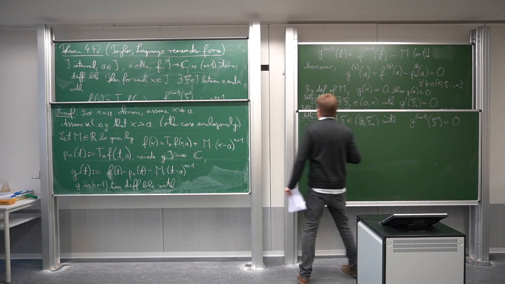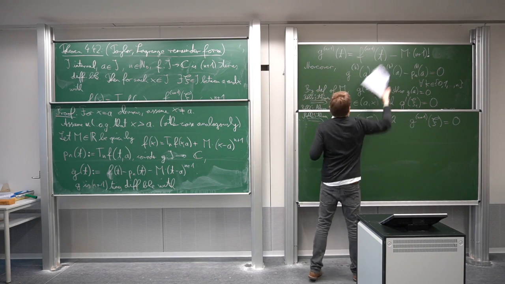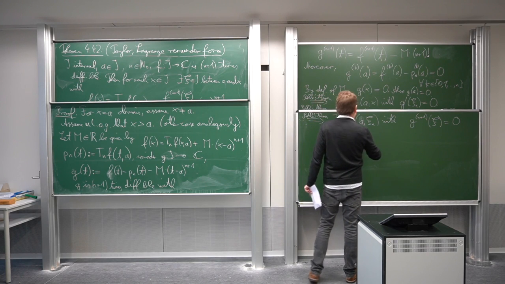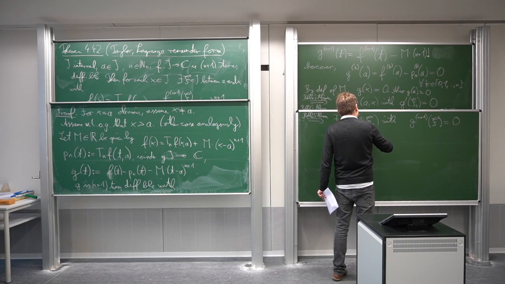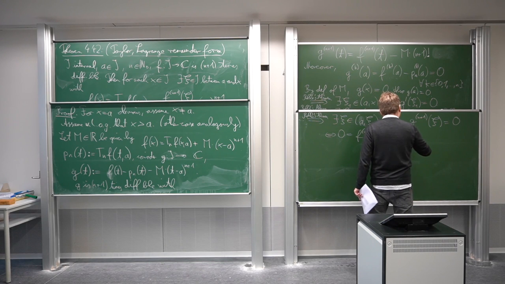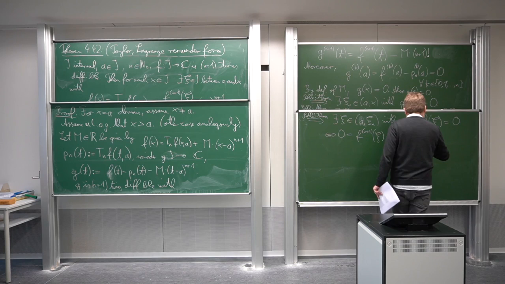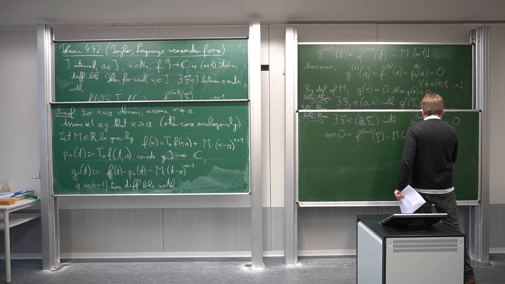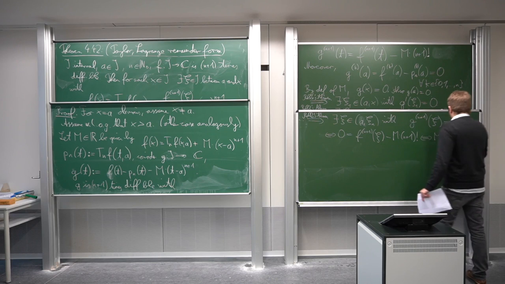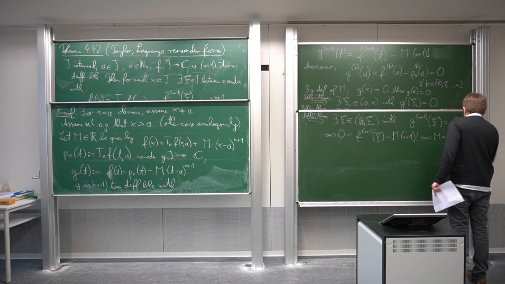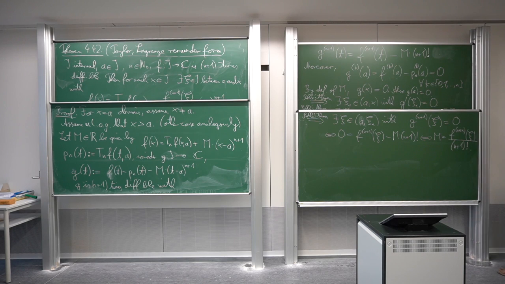But then by construction, we have this formula here. So in this case, we get that 0 is f to the n plus 1 of psi minus m times n plus 1 factorial. And now we just have to bring this to the other side, divide everything by n plus 1 factorial, and get that m is indeed f to the n plus 1 of psi divided by n plus 1 factorial. And this is precisely what we wanted to show.